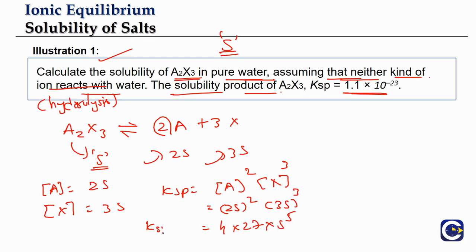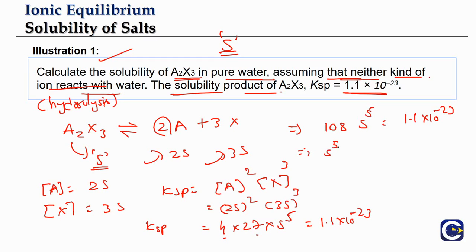So this is the Ksp value. The Ksp value given to us is 1.1 into 10 power minus 23. Finally, 4 into 27 is 108. So 108 s power 5 is equal to 1.1 into 10 power minus 23.